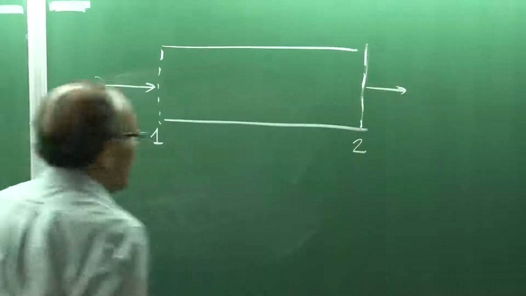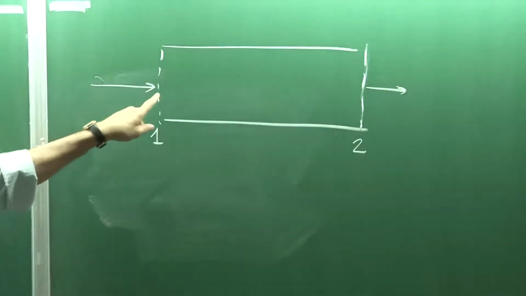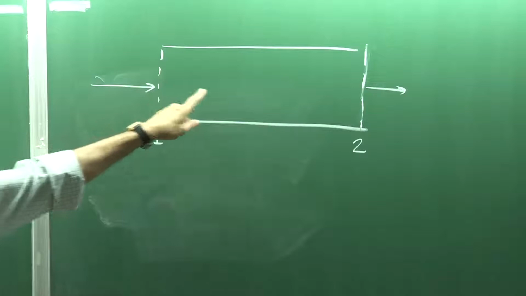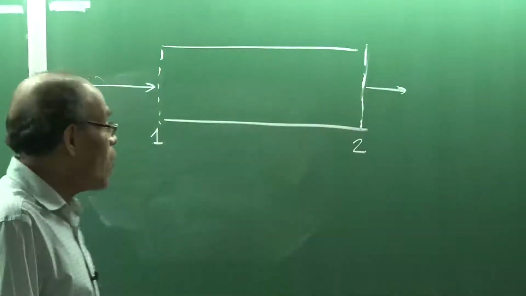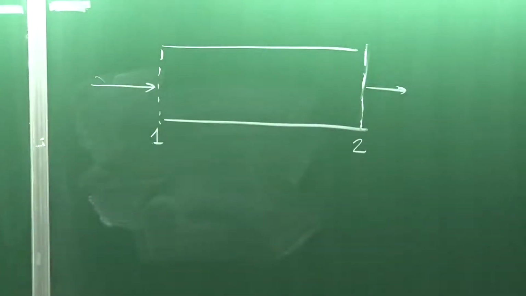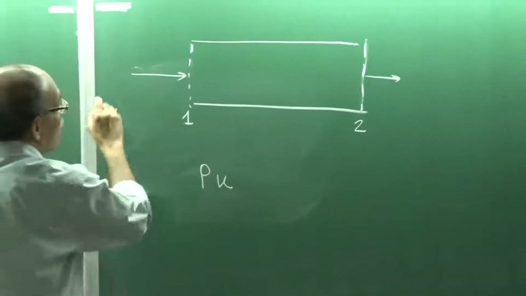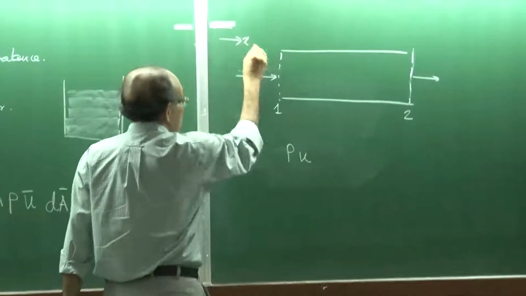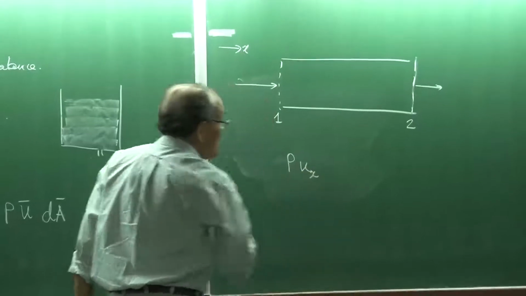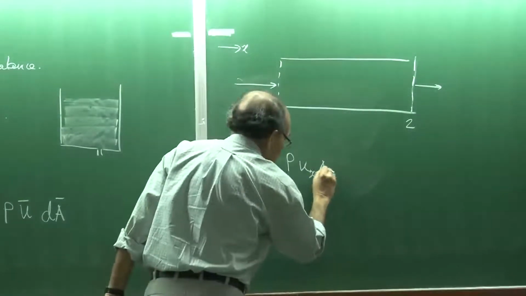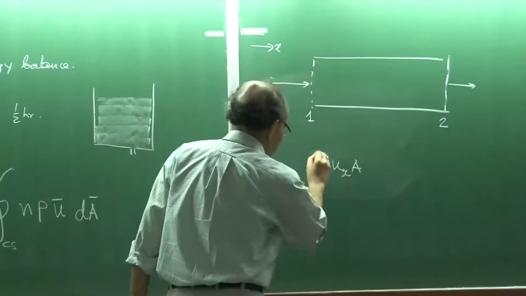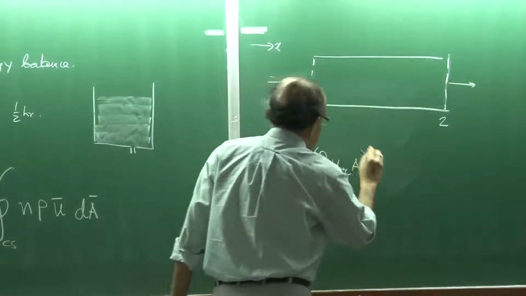As you can see here, the flow is directed normal to the inlet and normal to the outlet. It is an incoming flow and an outgoing flow, and here the angle is 180 and here the angle is 0 degrees. So, the inlet term will come out to be rho into, if this is my x direction, ux, the magnitude of the velocity, and A, evaluated at section 1.